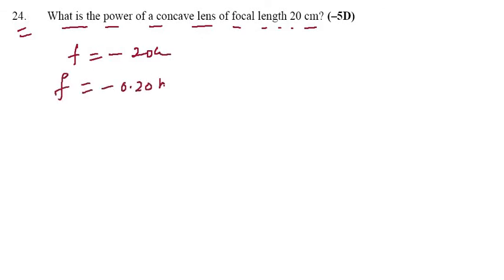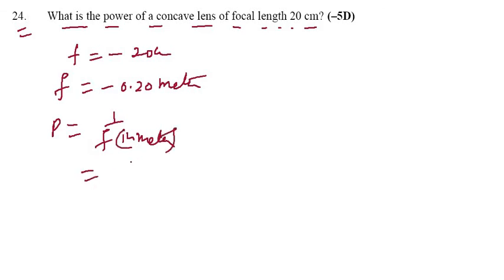Now come to the 24th question. What is the power of a concave lens of focal length 20 centimeters? So f is given as, it is a concave lens, so it is negative 20 centimeters. Change into meters, it is minus 0.20 meters. So power is equal to 1 upon f in meters.